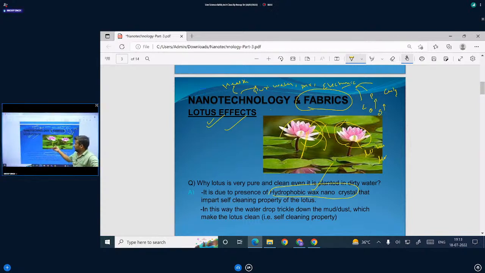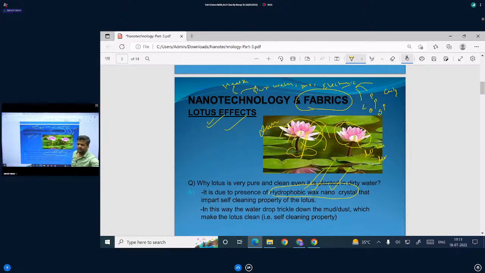This particular flower is always planted in muddy and dirty water. Nevertheless, its leaves always remain clean. It is because of this particular property, hydrophobic wax nanocrystals, which help the lotus flower trickle down all the mud and the dust particles.